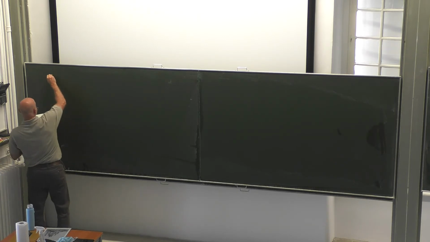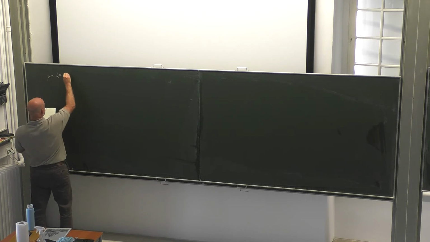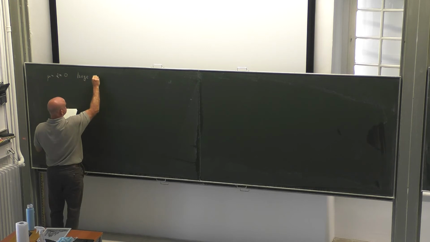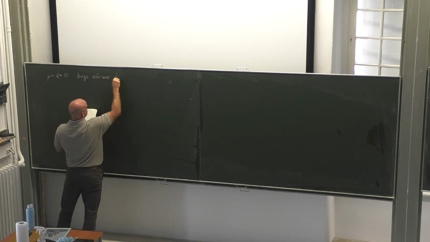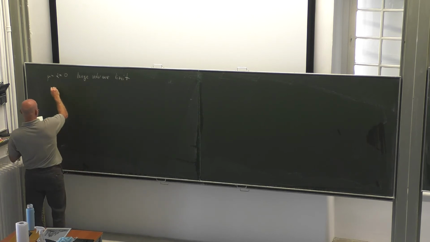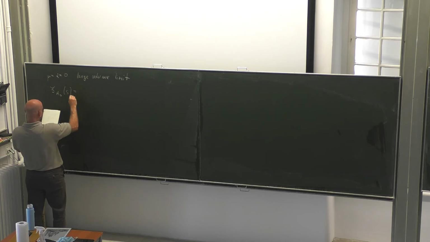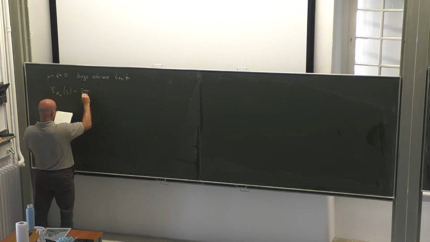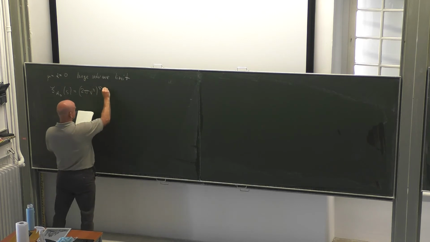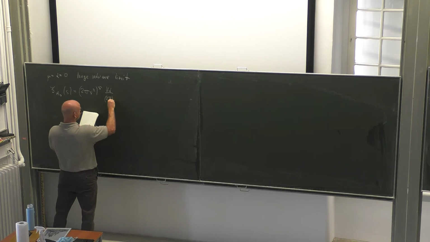And so I'm taking mu or alpha, which is the same thing, equal to 0, and I take the large volume limit again. And then I look at what happens to my zeta function. The zeta function, so mu is 0, becomes something like 2 pi nu to the power s, volume V_d over 2 pi to the power d.